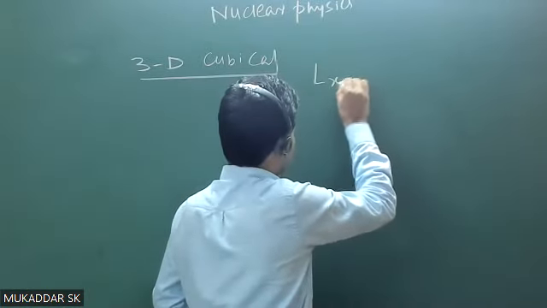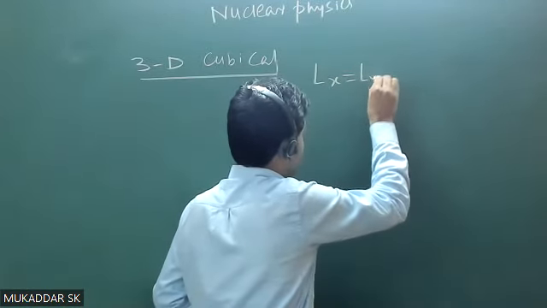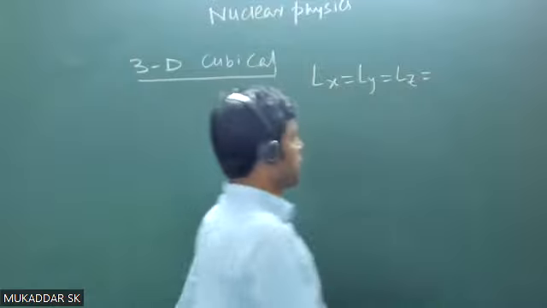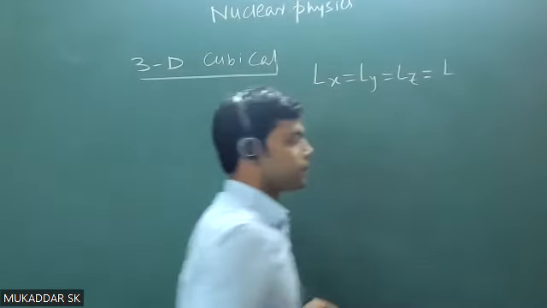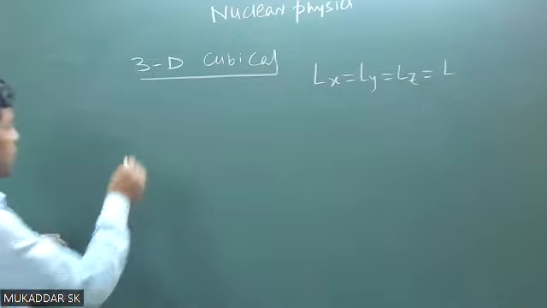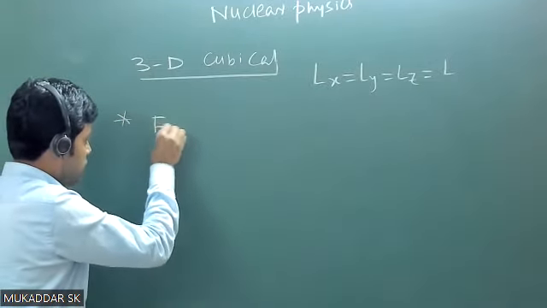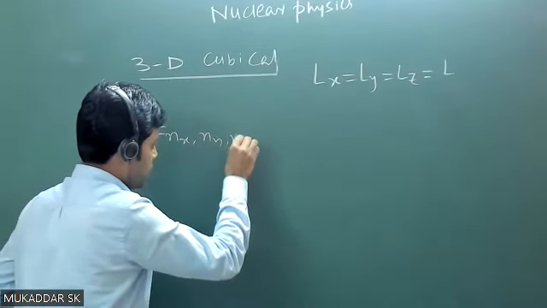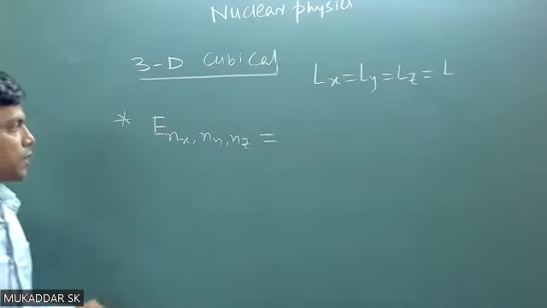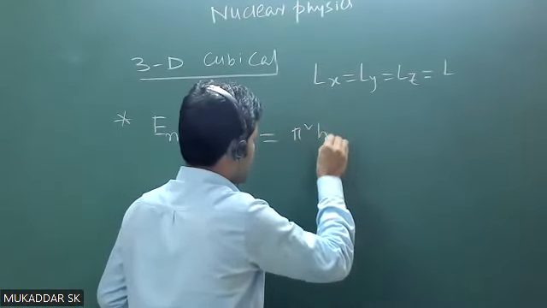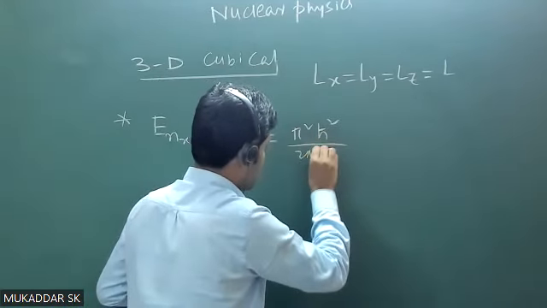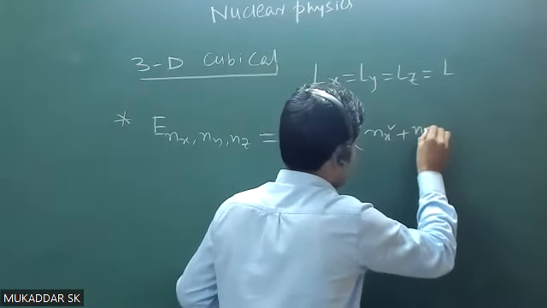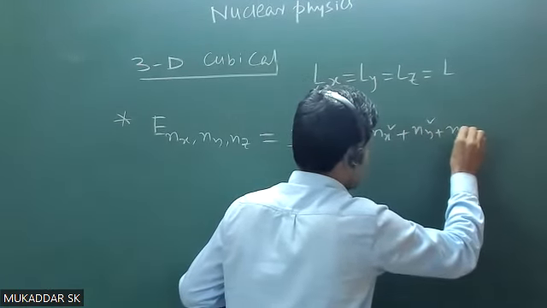Cubical means the length along the x-axis should be the same as along the y-axis and the same as along the z-axis, and I'll assume that length is L. You have learned in quantum mechanics that for a three-dimensional cubical box, the energy E(nx, ny, nz) is equal to pi square h cross square by twice m L square, times nx square plus ny square plus nz square.